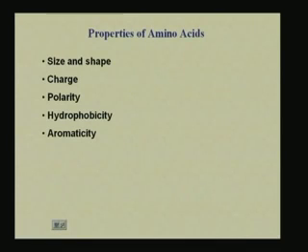Another one is the aromaticity. We find 3 amino acids that are aromatic in nature: phenylalanine, tryptophan and tyrosine. As I mentioned in the last class, it is these 3 aromatic amino acids that contribute to the absorbance of proteins.